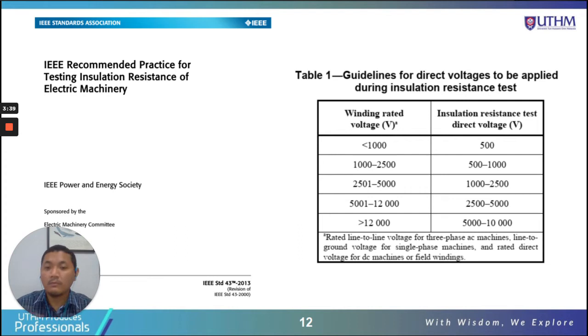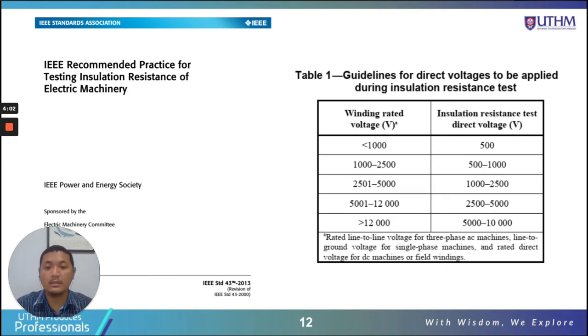Everyone will follow the standard, so if you have a 5 kV motor, you will not use 500 volts, and you will not use too high a voltage like 10 kV. You can follow the standard. If the motor is 5 kV, you can use either 1000 to 2500.